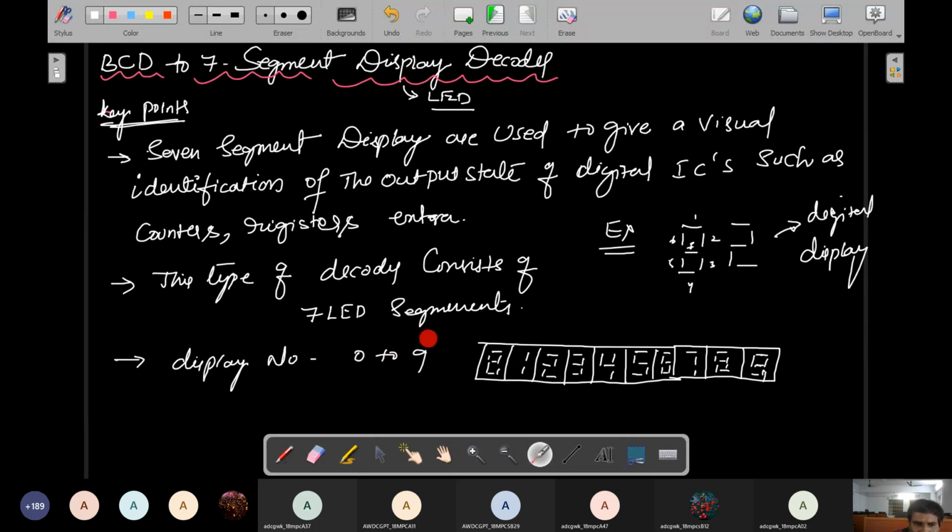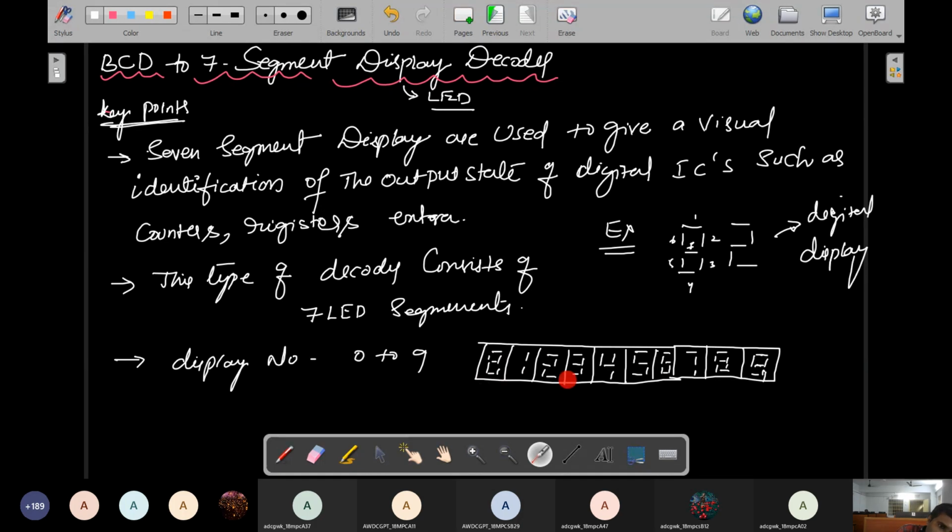It is used for a 2-display system, 3-display system, or 4-display system, whatever it may be. The display system differs, but the 7-segment is common. This is one 7-segment display, this is one 7-segment, and so on. Each number is represented by a 7-segment display.